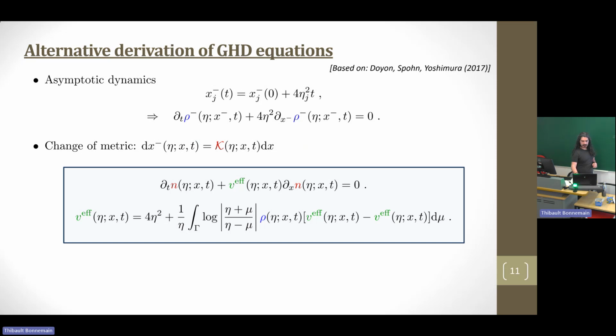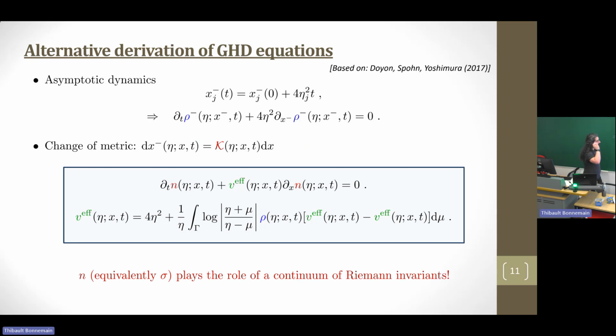Right. Okay. And the other interesting thing here is this transport equation for the occupation function, which is completely equivalent to the previous equation for the density of states rho, except this time the effective velocity is outside of the x derivative.